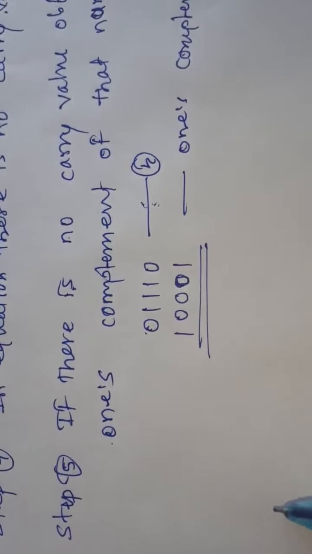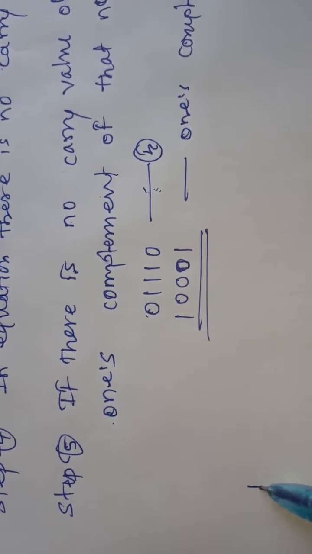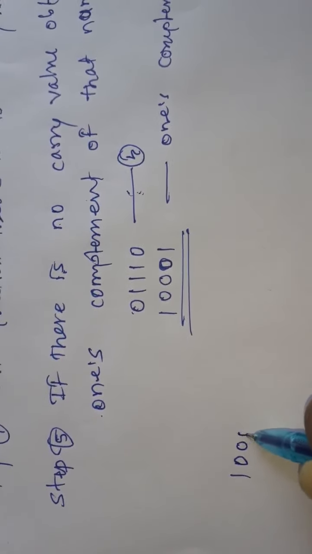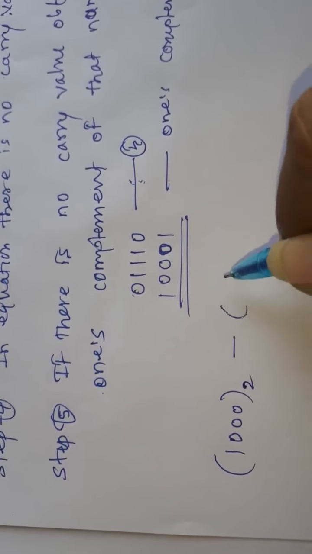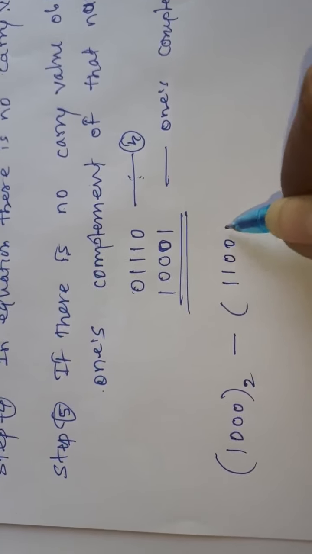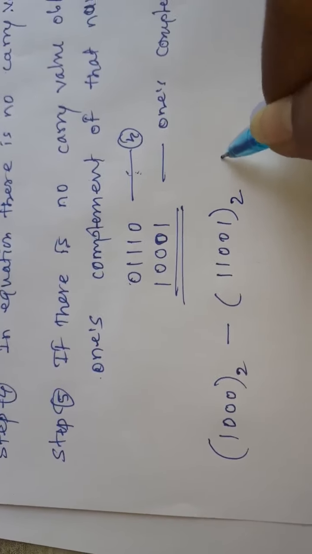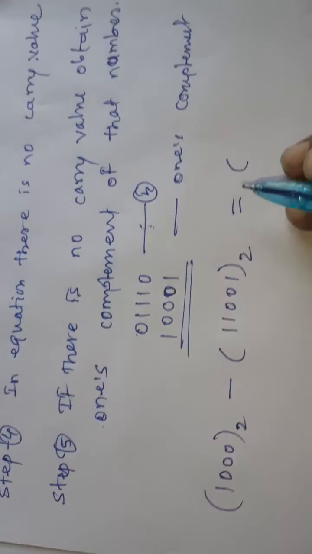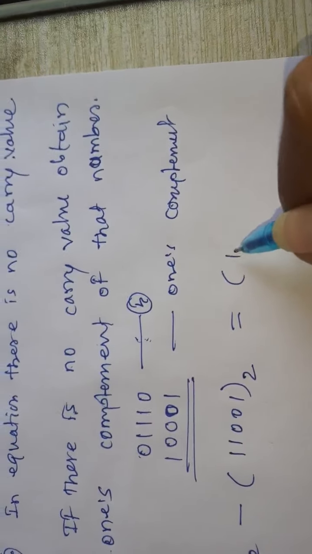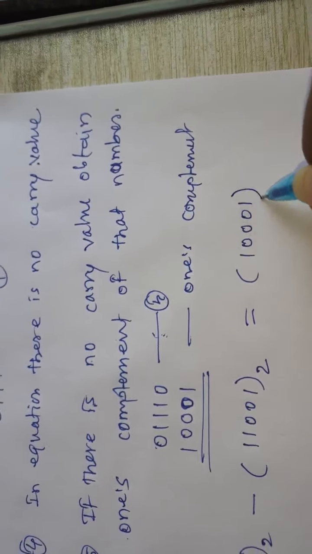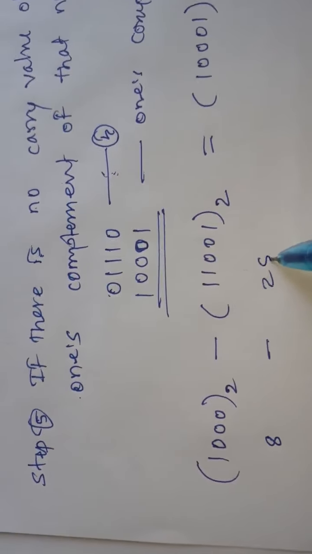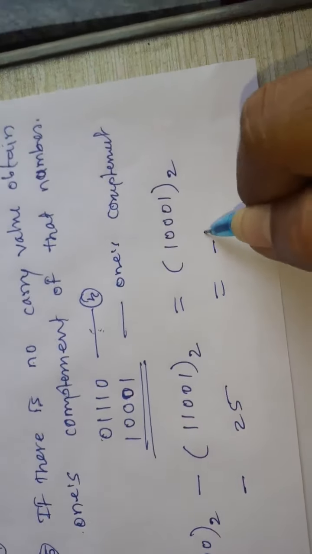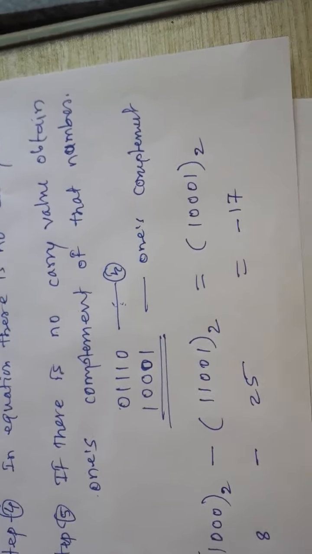So how can we write this? 1000 in base 2 subtract 11001 in base 2 is equal to what result? We get 10001 in base 2. Here it is 8 minus 25, which is equal to minus 17.